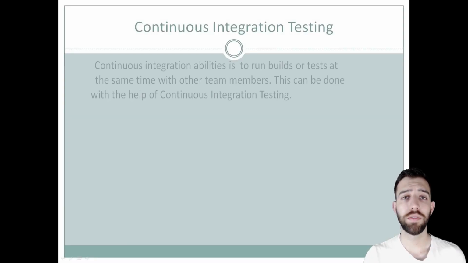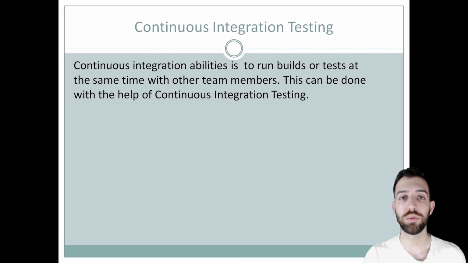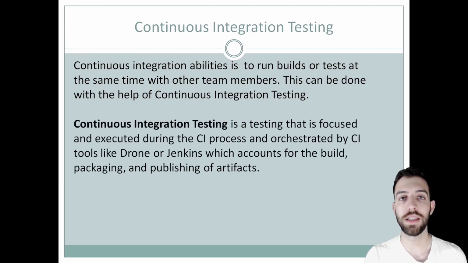As we said before, one of the abilities of continuous integration is to run tests and builds at the same time as other members of the team. This could be done with the help of continuous integration testing. Continuous integration testing is testing that is focused and executed during the continuous integration process and orchestrated by continuous integration tools like Jenkins and Drone, which account for the build, packaging, and publishing of the artifacts.